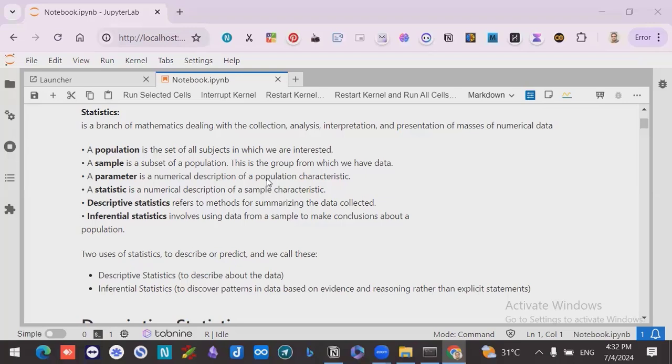Then what is a sample? A sample is nothing but something we collect from the population. That would be a representative sample.